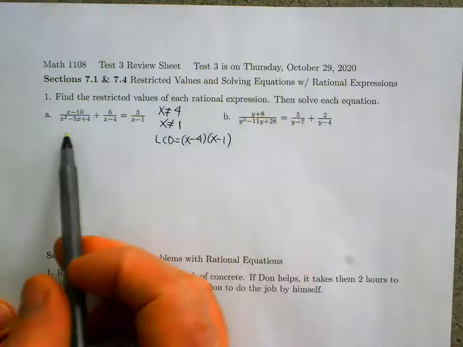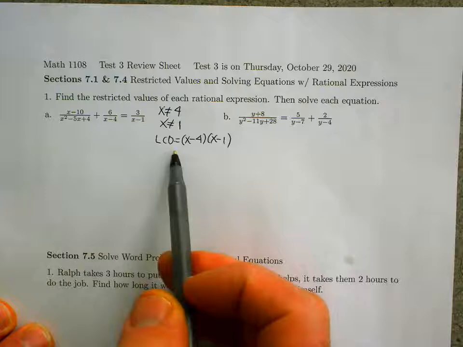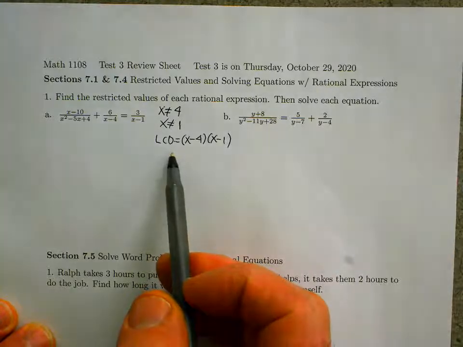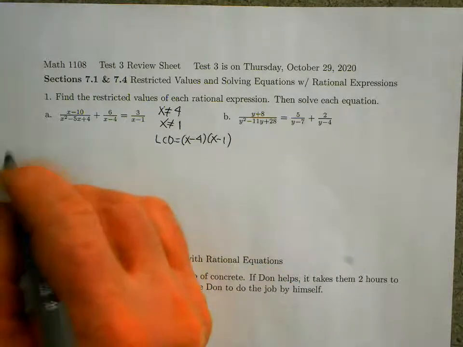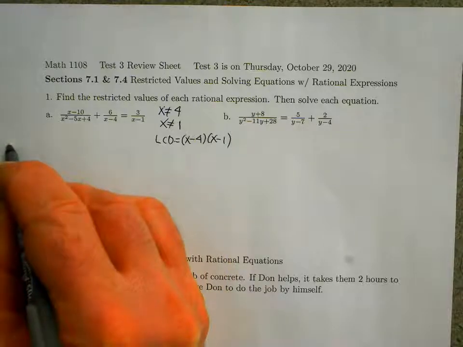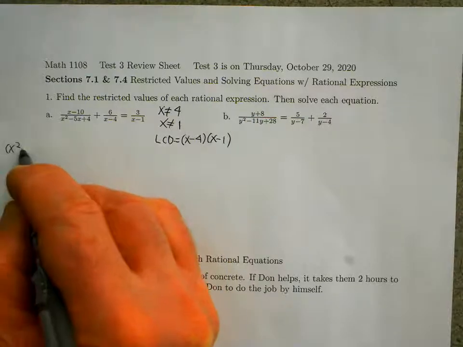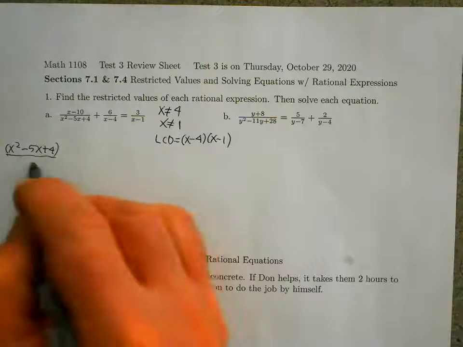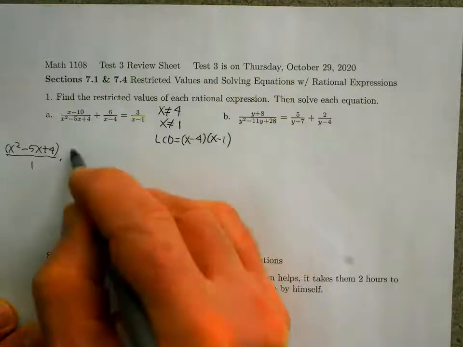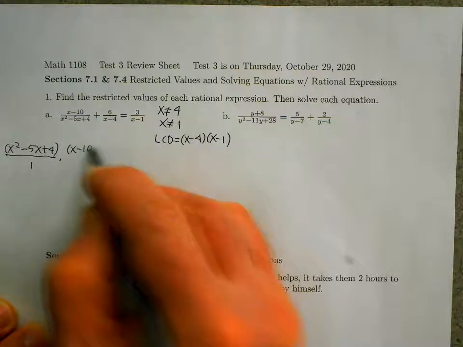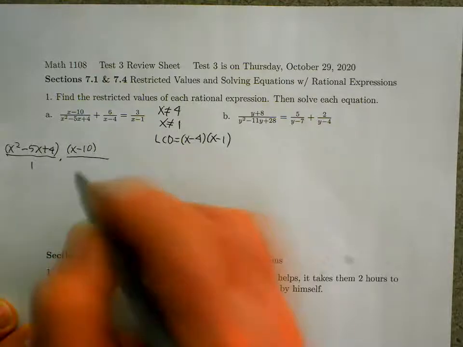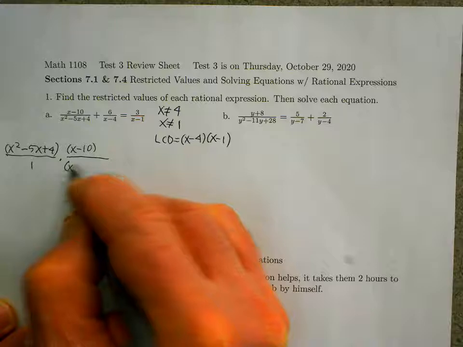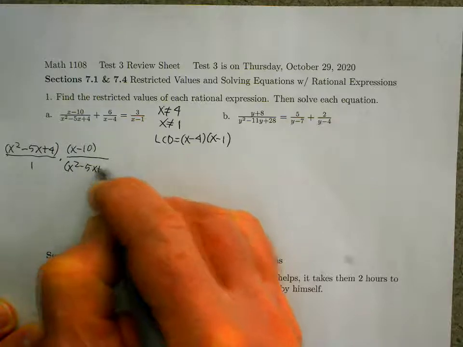So if we multiply every term on both sides by the least common denominator, we'll get x squared minus 5x plus 4 over 1 times x minus 10 over x squared minus 5x plus 4.